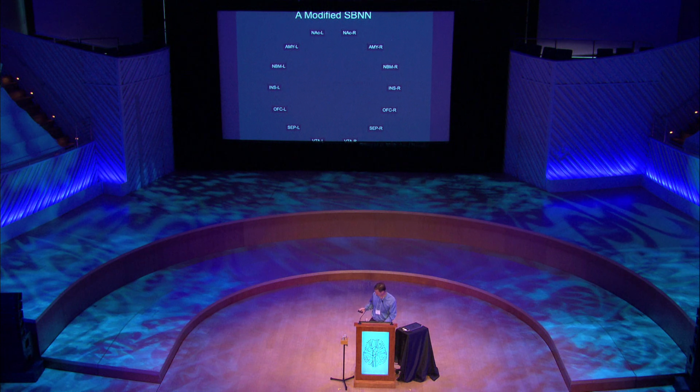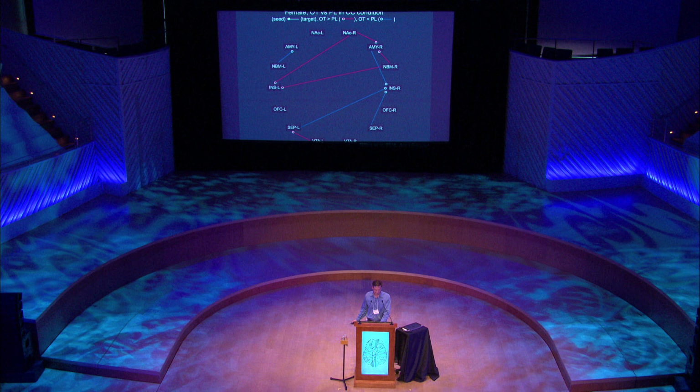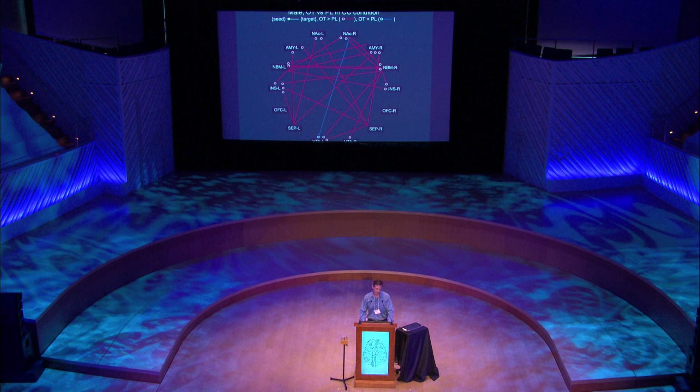And so here, first of all, is the result for women, where you see that there's a small number of connections where oxytocin increases functional connectivity and a small number where oxytocin decreases functional connectivity. But then when we look at men, it's a pretty stark difference where there's a large number of connections where functional connectivity is increased by oxytocin.